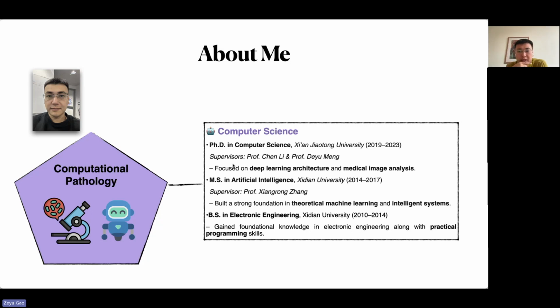At that time I was working on natural images and also some military images. I don't know if you are familiar with hyperspectral images, which have a very high number of channels but low spatial resolution. Then my PhD is in the Department of Computational Science, where I focused on deep learning architecture and mainly worked on medical imaging.